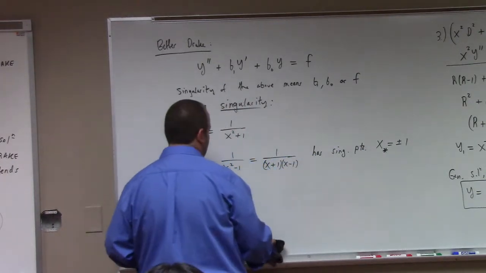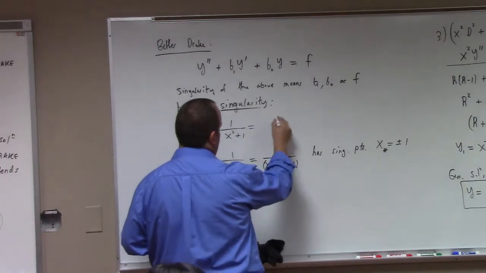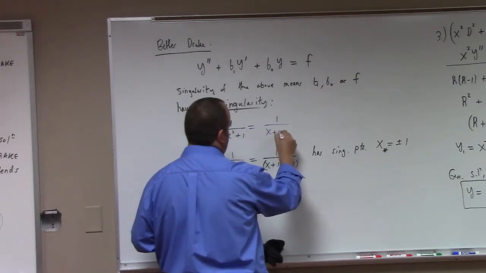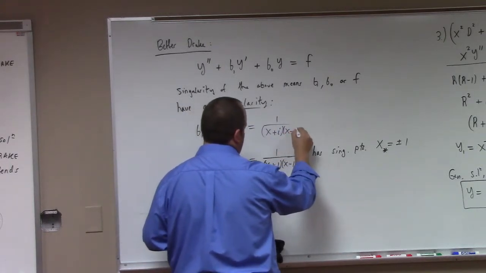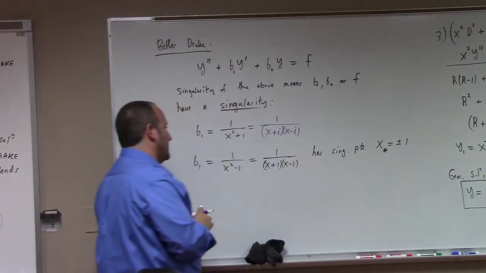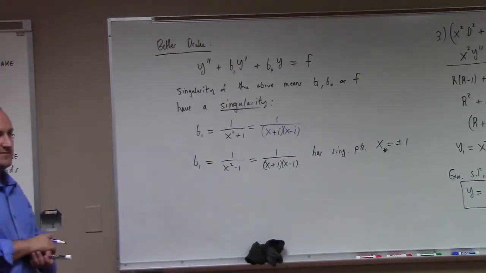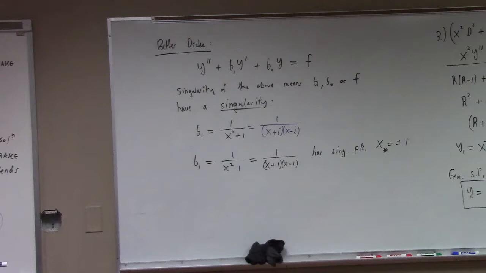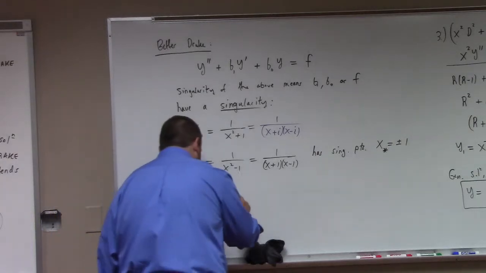That's good. So this is 1 over x plus i times x minus i. Penrose mentions this is one of the fundamental mysteries of real calculus. Why on earth does this function behave this way? Here's a little bit of series for you.